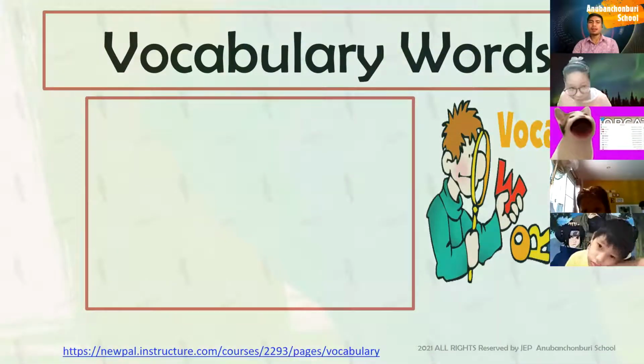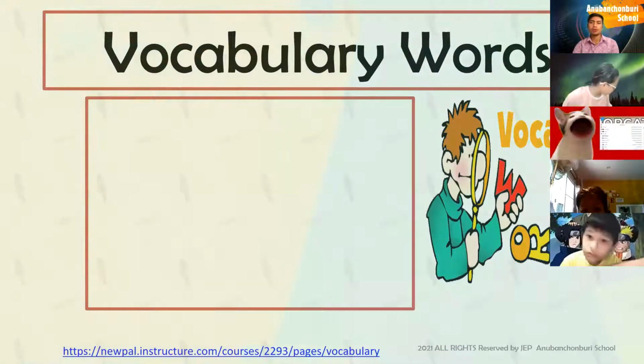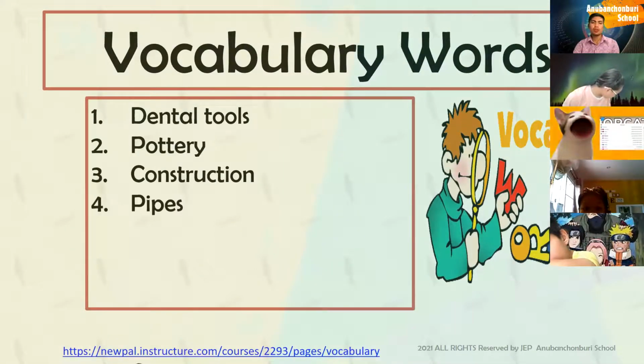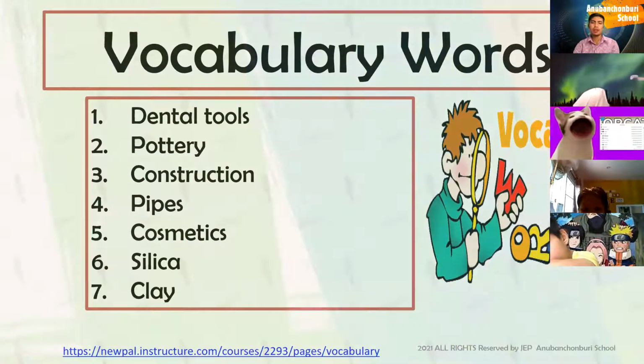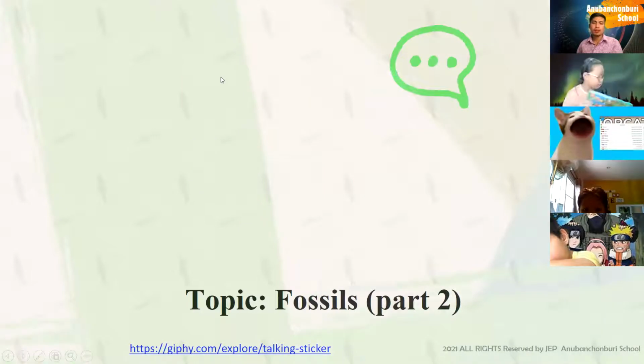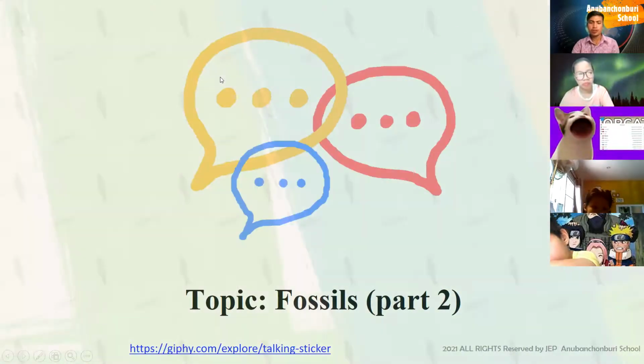Before that, here is the list of the words that we studied last week also. So we have dental tools, pottery, construction pipes, cosmetics, silica, and clay. This afternoon, our topic is all about fossils again.